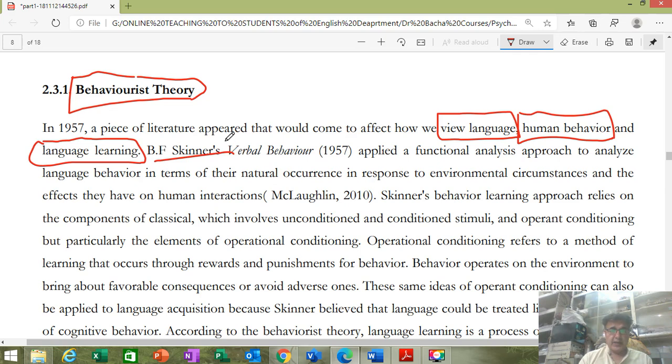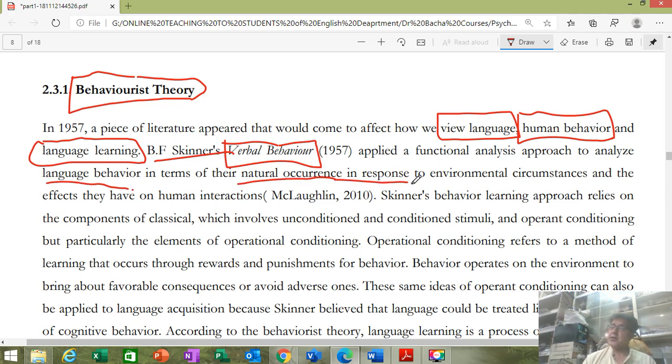So obviously, this piece of literature was B.F. Skinner's Verbal Behavior, which applied a functional analysis approach to analyze behavior in terms of its natural occurrence and response to environmental circumstances.